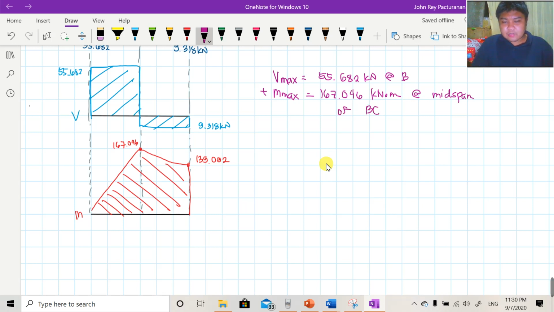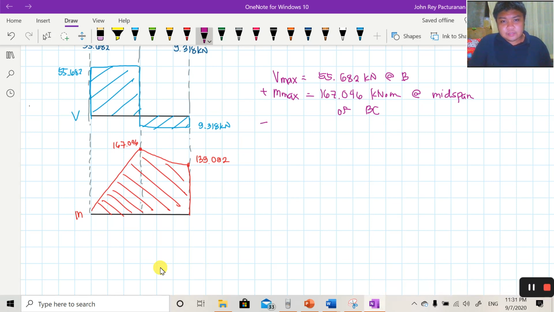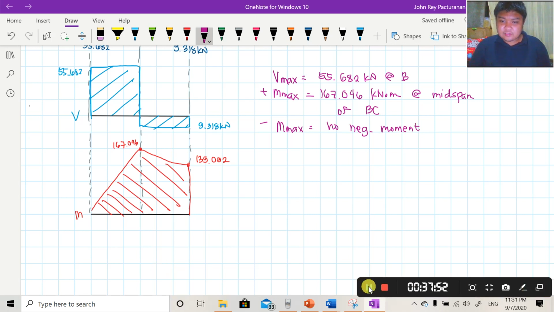Okay? Bahala ka kung paano mo i-address ang location, class. So, lastly, for the maximum negative moment, fortunately, walang problema dito. Ang gagawin mo lang is no negative moment. Okay? So, ganun lang ang magiging solution natin dito, class.